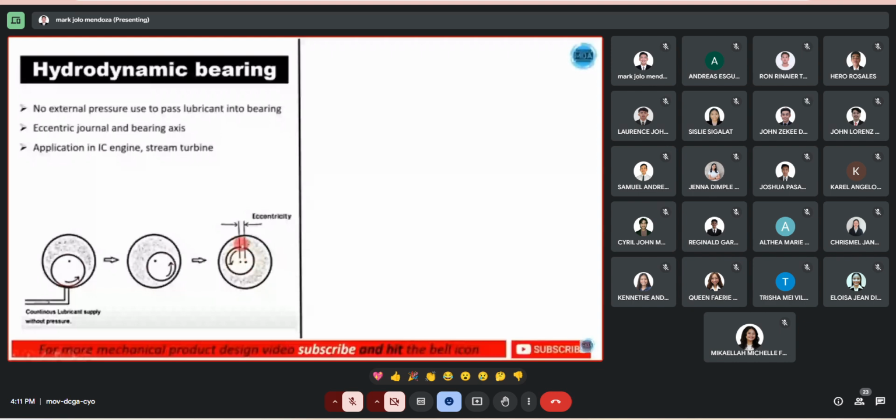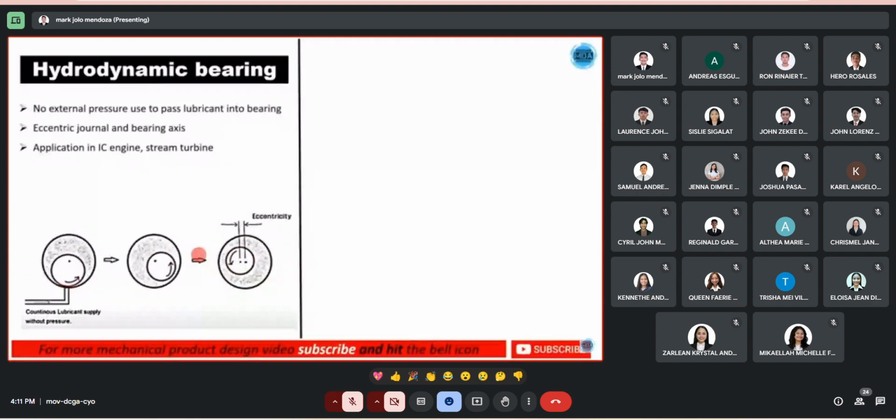So in the hydrodynamic bearing, at rest the center of the bearing and the shaft have some offset value.